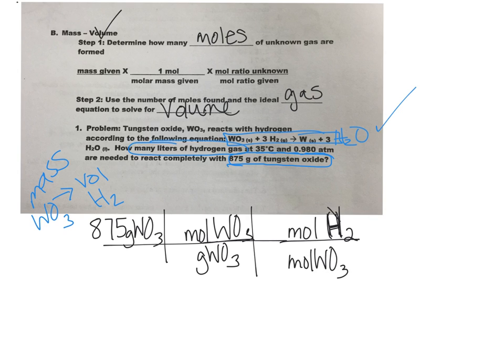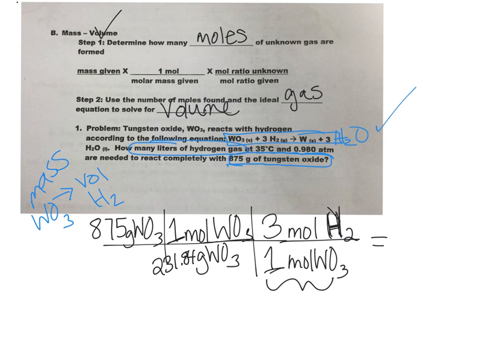Now let's plug in our numbers. 1 mole of this is, just for time's sake, 231.84 grams. And down here, this is our bridge. Looking at my balanced equation, tungsten oxide has a 1, hydrogen has a 3.